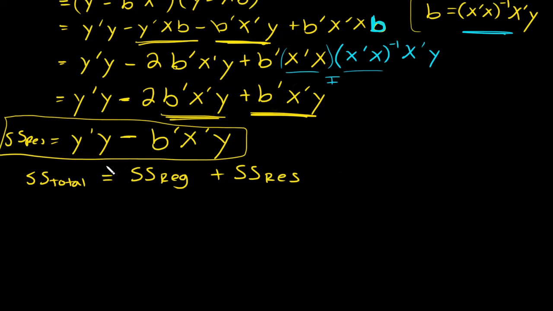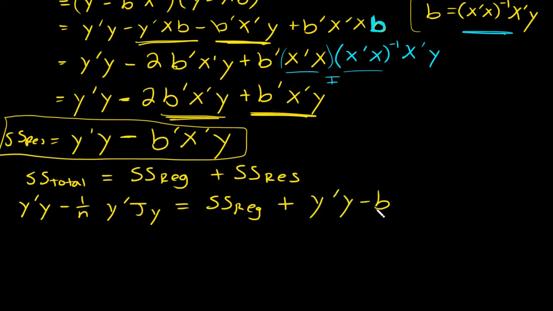We've already shown that the sum of squares total is Y transpose Y minus 1 over n Y transpose J Y. Sum of squares regression we don't know yet, and sum of squares residual is Y transpose Y minus B transpose X transpose Y. I can basically use algebra and solve for sum of squares regression.